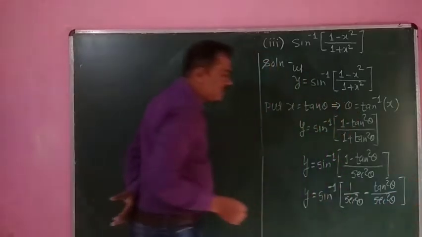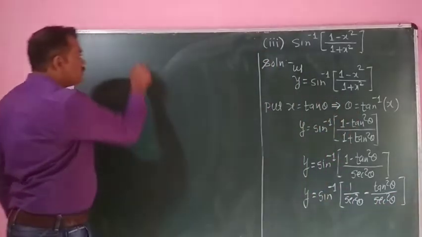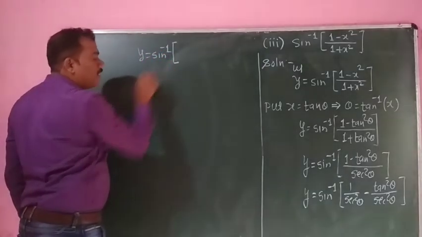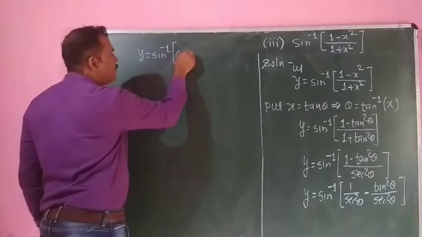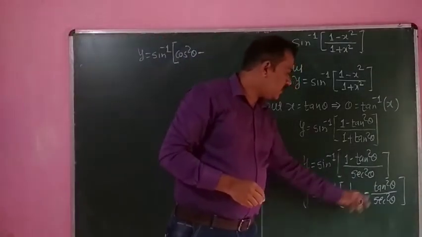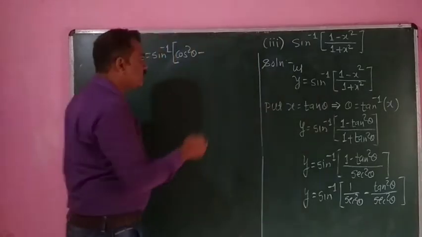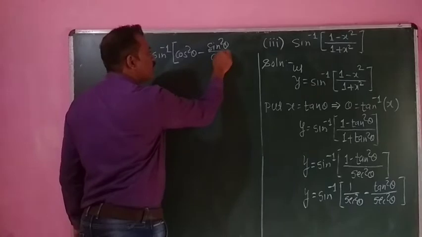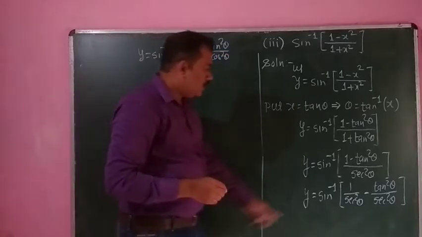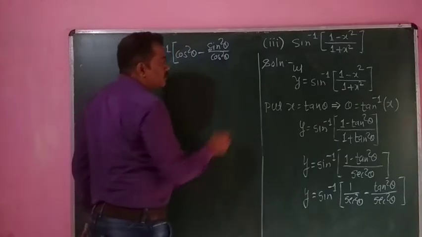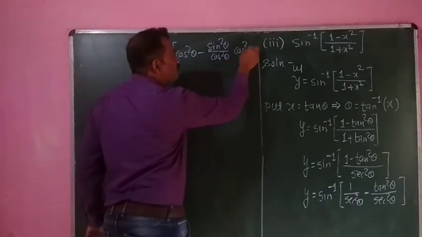1 upon sec square theta is nothing but cos square theta, so that we have to get y is equal to sin inverse of cos square theta minus tan square theta upon sec square theta. Tan square theta is nothing but sin square theta upon cos square theta into 1 upon sec square theta is nothing but cos square theta into cos square theta.